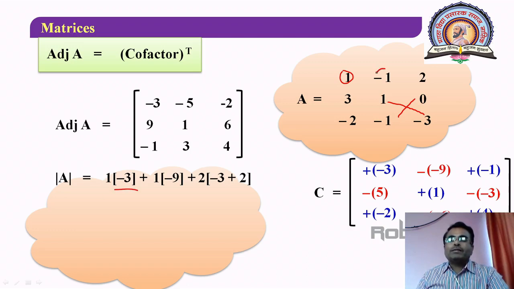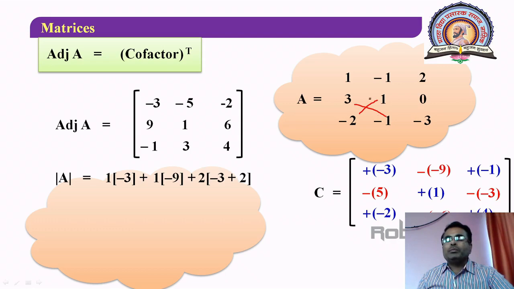Then next element is minus minus, it becomes plus 1. So, plus 1 into, you have to consider the product of these two elements, minus 9 and 0. So, plus 1 into minus 9 will appear here, and for this element you have to consider the product of these two elements minus product of these two elements.